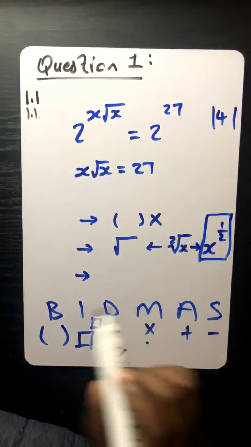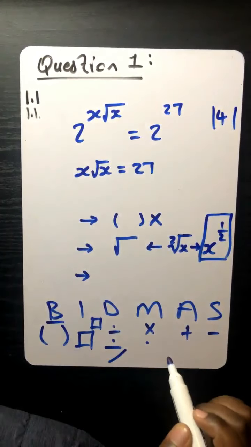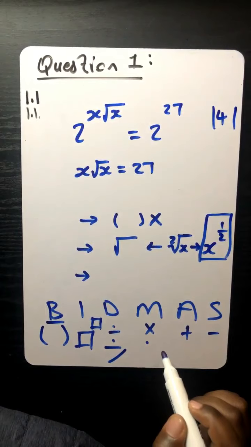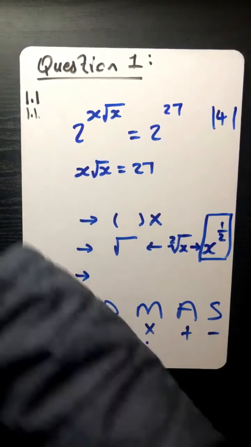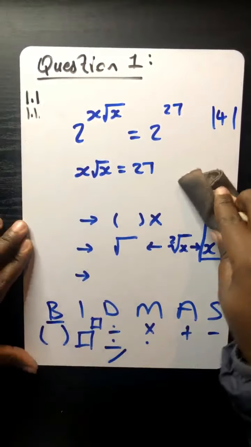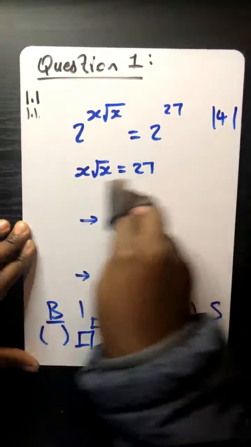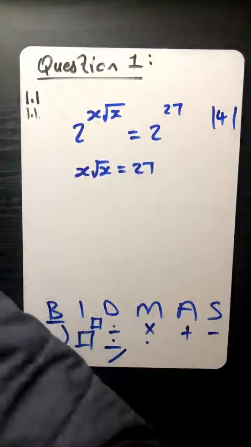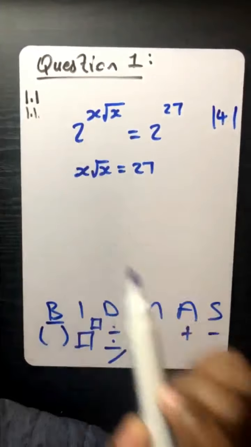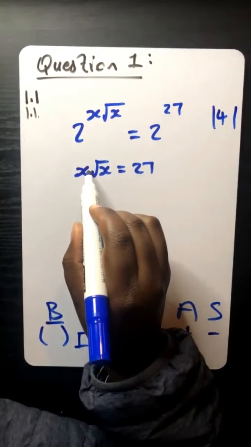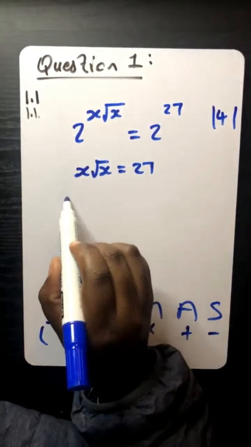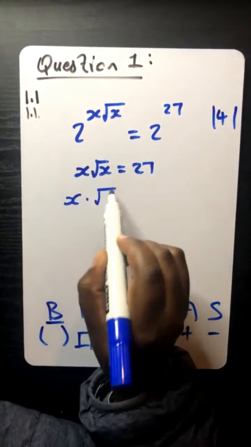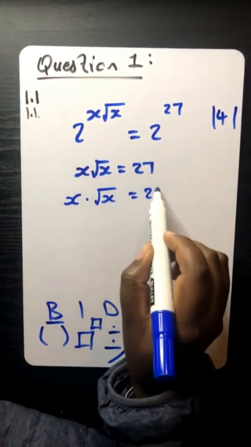Because you did not notice any brackets in that problem, you move on to the next thing. What is the next thing? The index. In this case, the index is given in the form of a square root. Remember, you have that invisible multiplication in between. So it's more like you actually have x multiplied by square root of x is equal to 27.